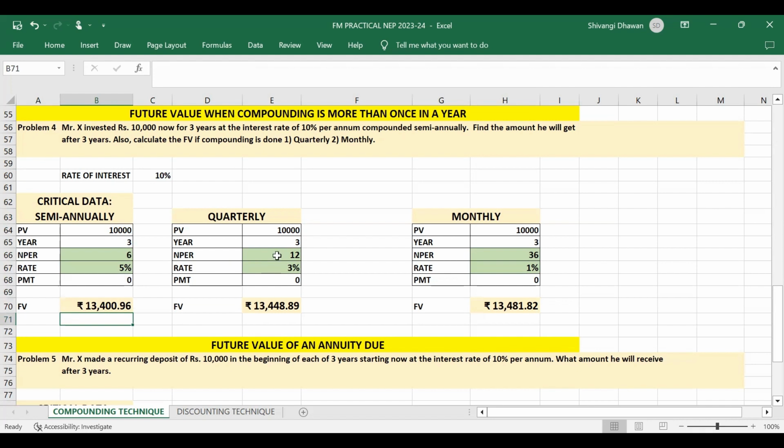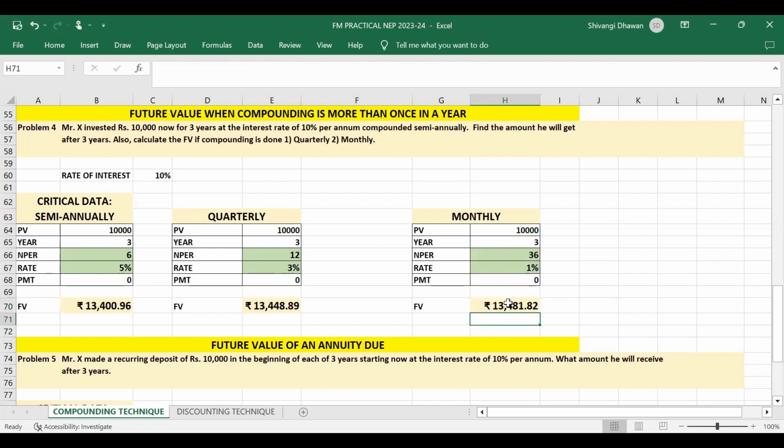Similarly, in case of quarterly, you will multiply the number of years with 4 and divide the rate by 4, and you will get the answer. Similarly, for monthly, you will multiply the number of years with 12 and divide the rate by 12, and again activate the future value function, insert the proper syntax based on cell referencing, and you will get the answer.